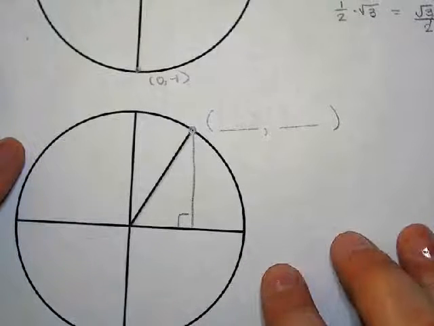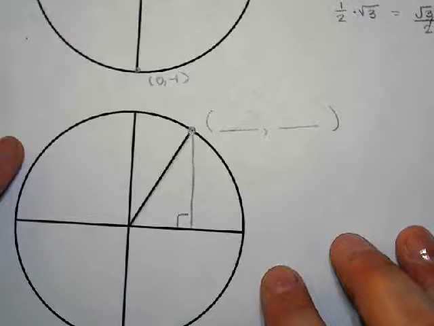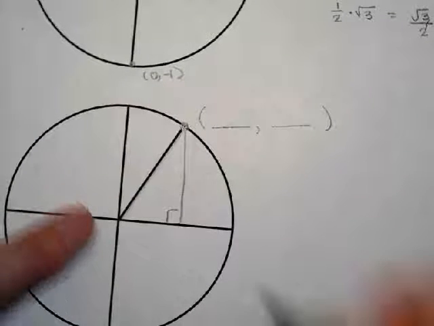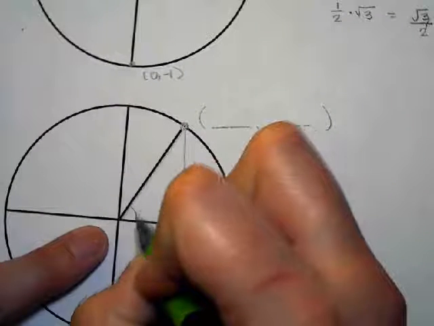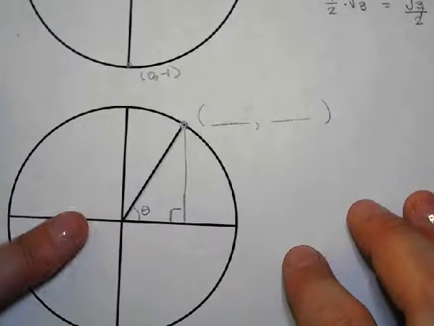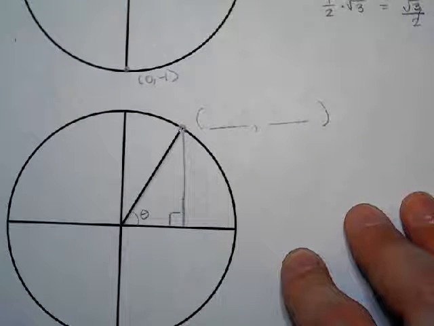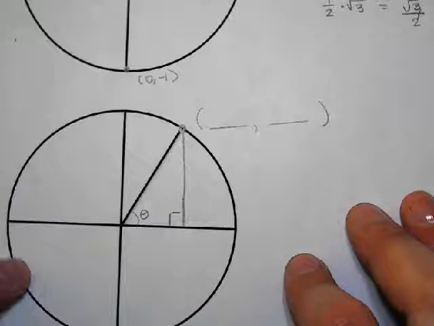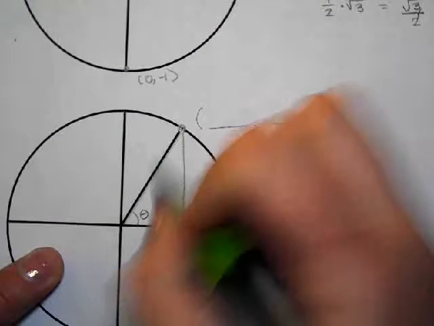You're going to go straight down, always straight down. So we always want to make it 90 degrees? Yep. Because they call this right triangle trig. These are right triangles, special right triangles. This time, if you were to measure it, this is a 60-degree angle.